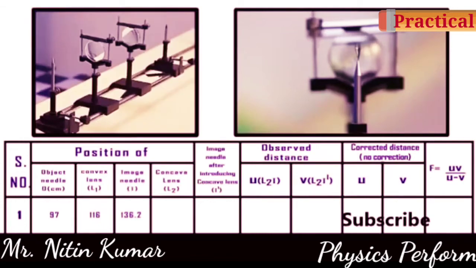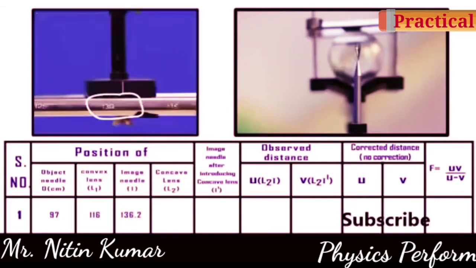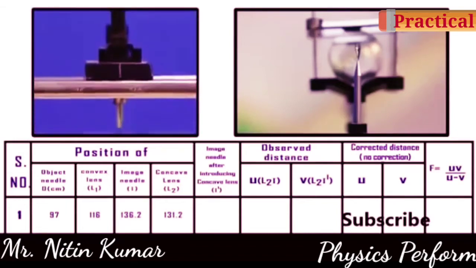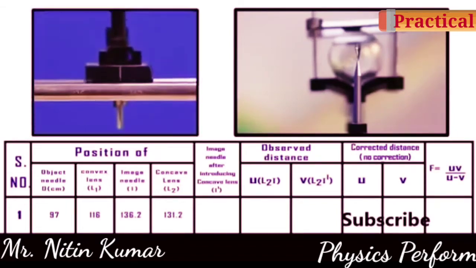Now, in the second arrangement, when the concave lens is introduced in the optical bench, then the inverted image of the object needle is formed on the image needle without any parallax. When the position of object needle and convex lens are not disturbed and the concave lens is at a position of 131.2 centimeters, then the position of the image needle is at 138.5 centimeters.